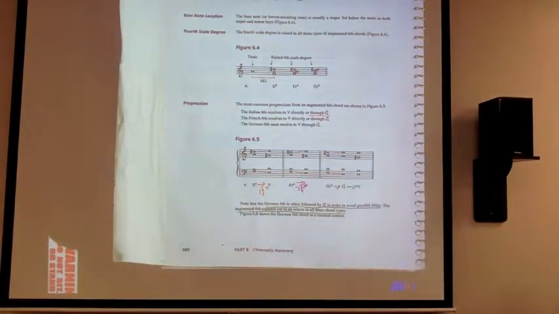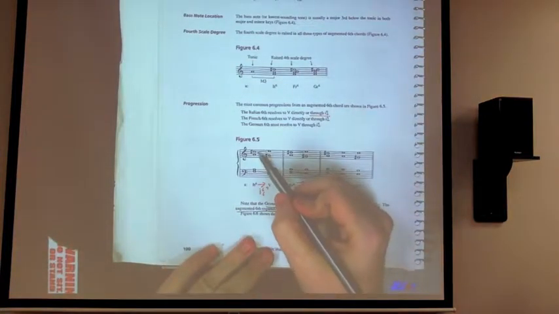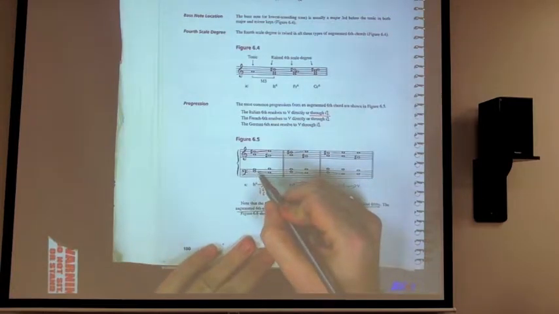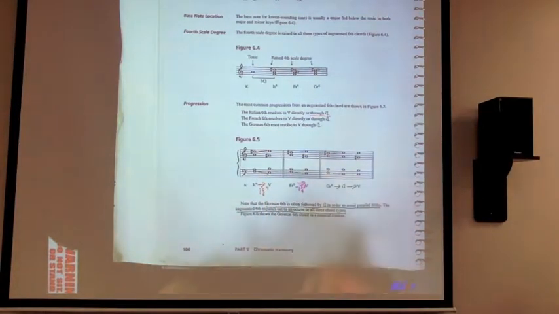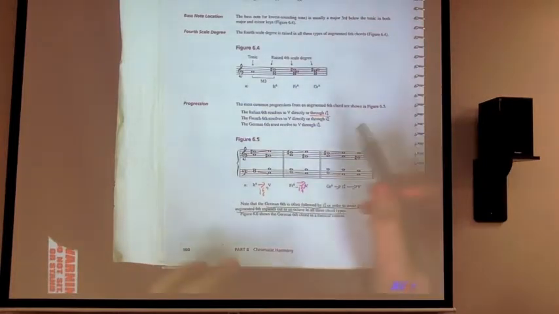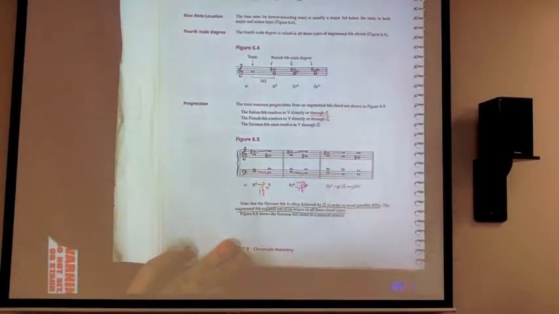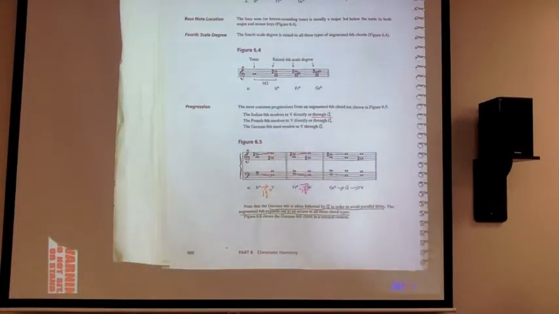So, not too bad. As you can see, in our Italian chord, the D sharp is going to move up to E, and the F natural is going to move down to E. Same with the French, up to E, down to E. Same with the German.